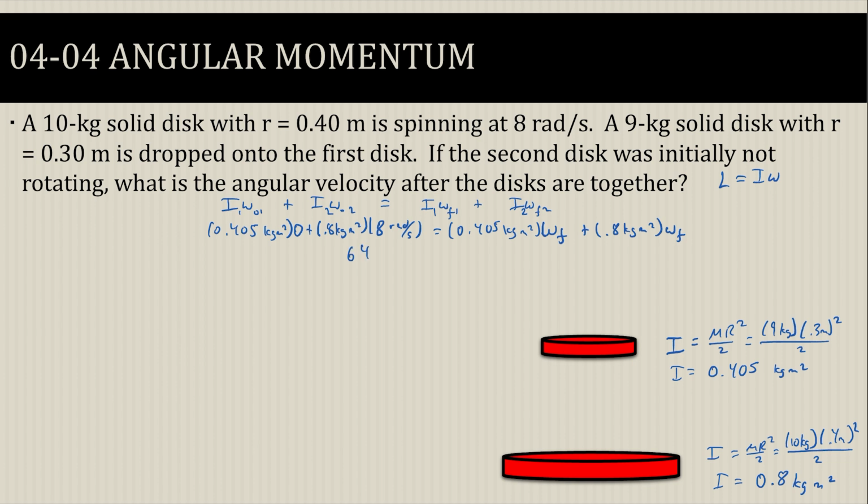So I have 6.4 kilogram meter squared per second equals 1.205 kilogram meter squared times omega f. So omega f is the division of that, which is 5.31 radians per second. So it has slowed down from 8 radians per second to 5.31 radians per second.